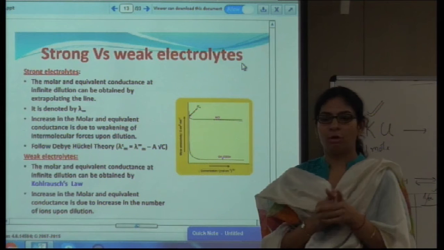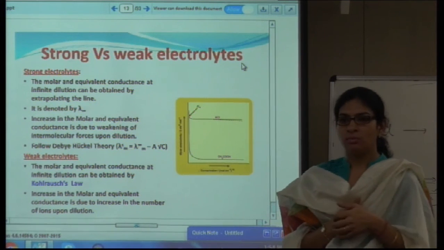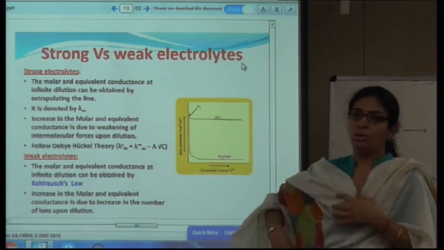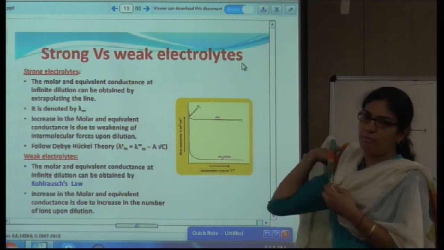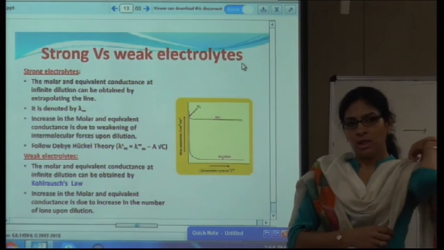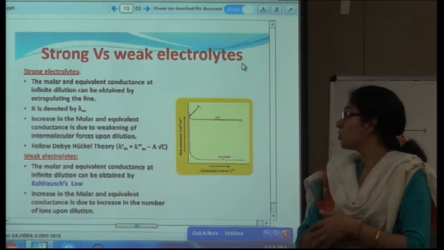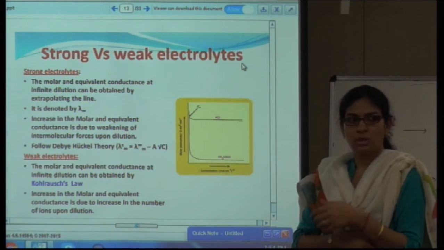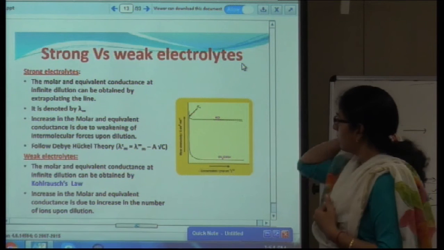Weak electrolytes follow some other theory, which we will be discussing. Their limiting value cannot be found, so we need a special law which is called Kohlrausch law.